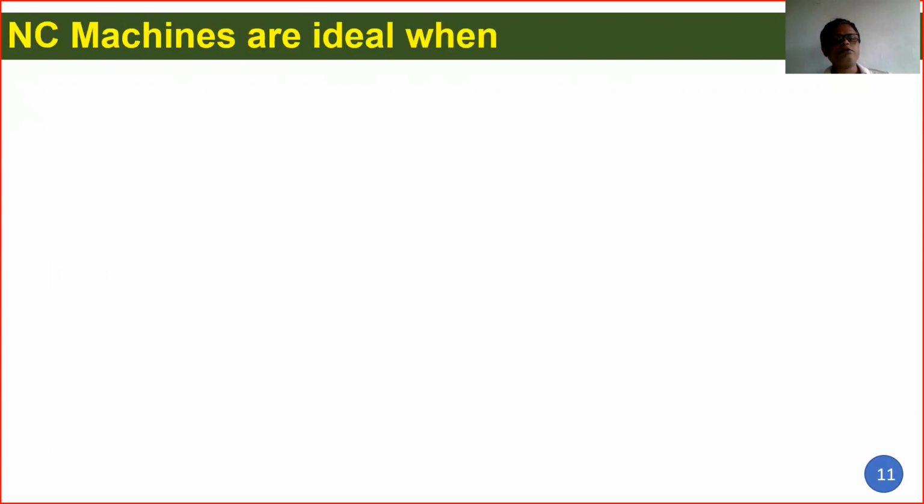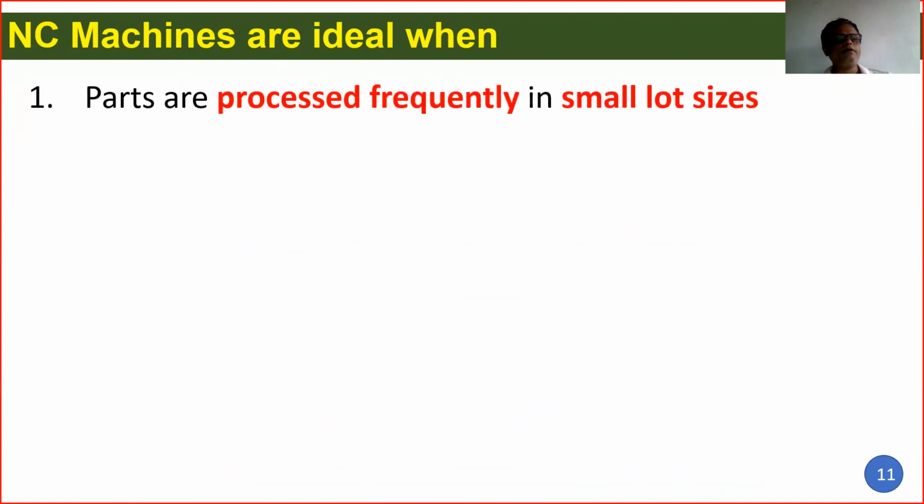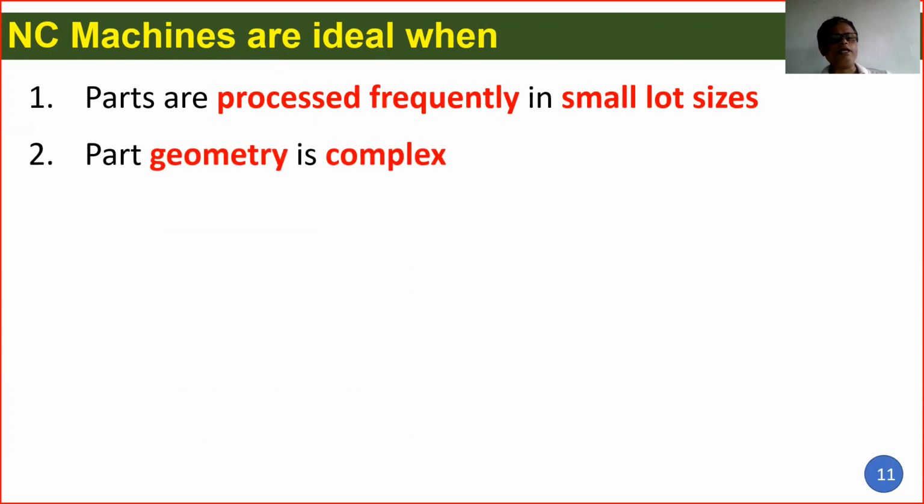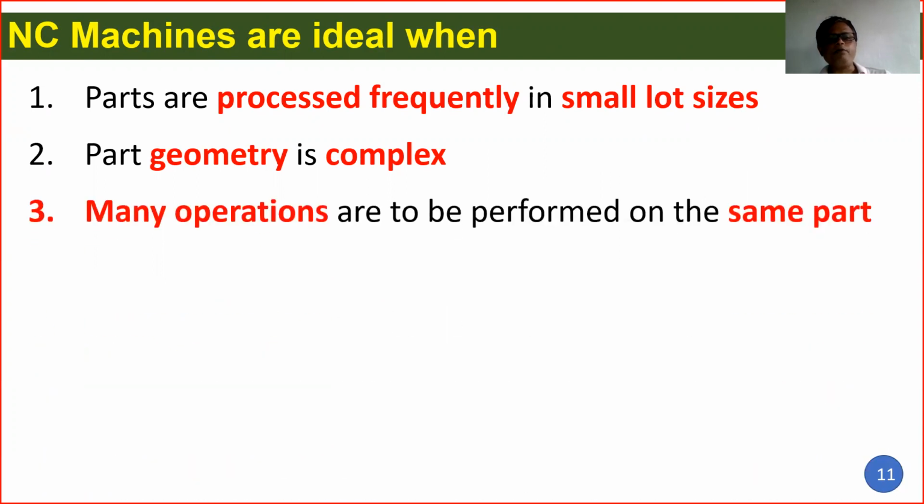NC machines are ideal when the parts are processed frequently in small lot sizes. NC machines are ideal when the part geometry is very complex. When part geometry is very complex, it is difficult to get the things done in a normal machine. In NC machine, it is easier as the human skill is transferred to the machine. Also when many operations are to be performed on the same part.